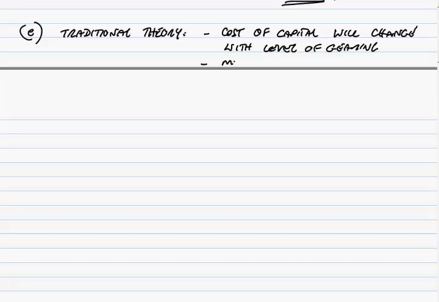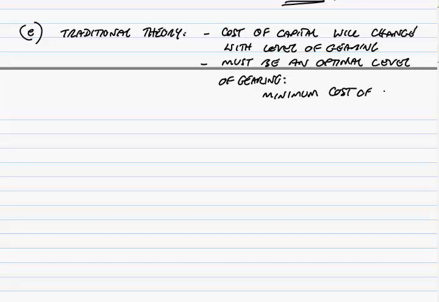Therefore, there must be an optimal level of gearing. Optimal being minimum weighted average cost of capital, which in turn would be maximum value of the company.